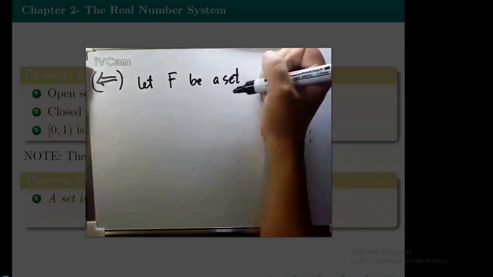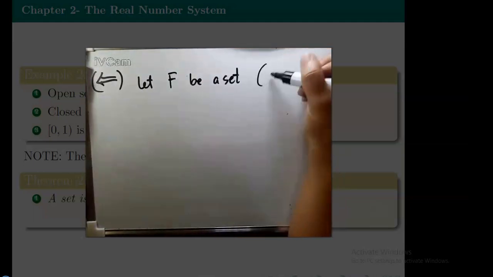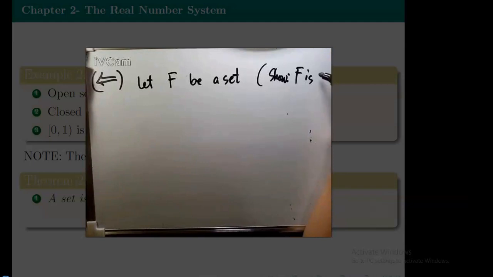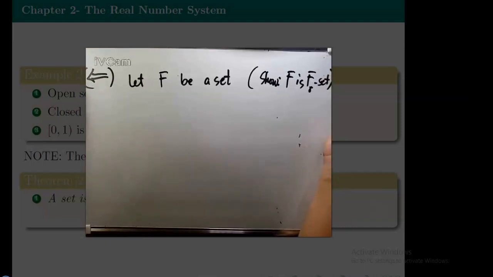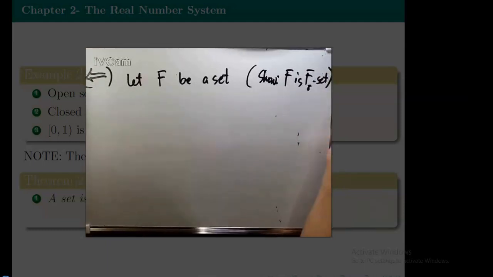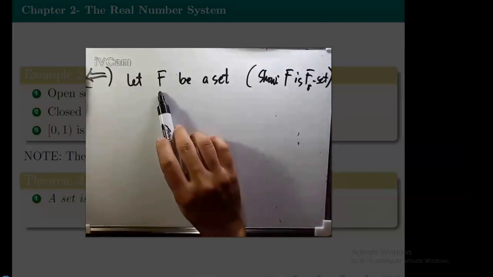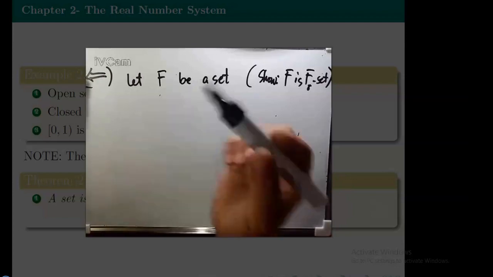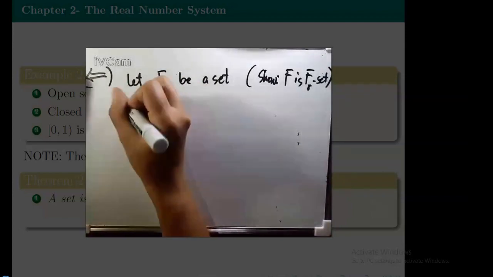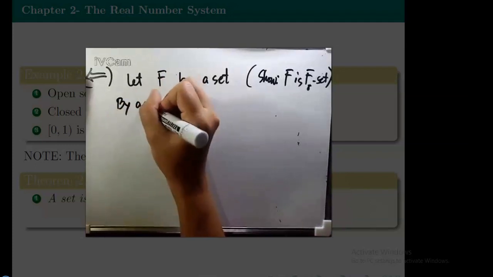What we're going to do is show F is an F sigma set. To show this, we will use the assumption that the complement of this set is a G delta set.